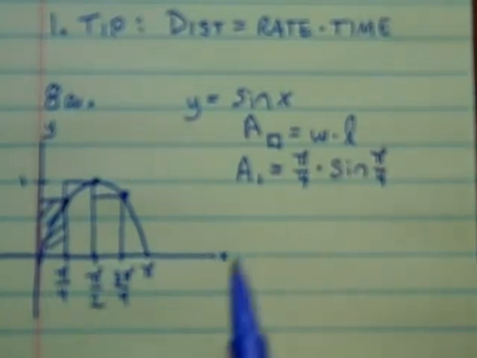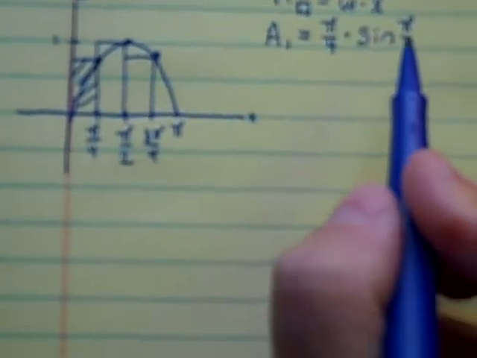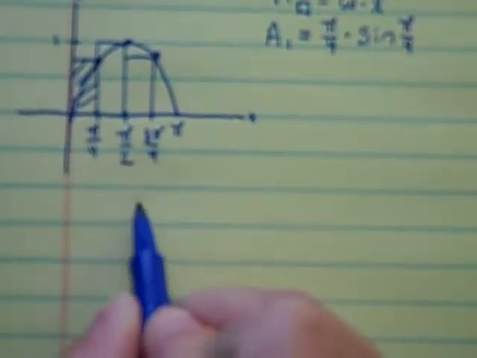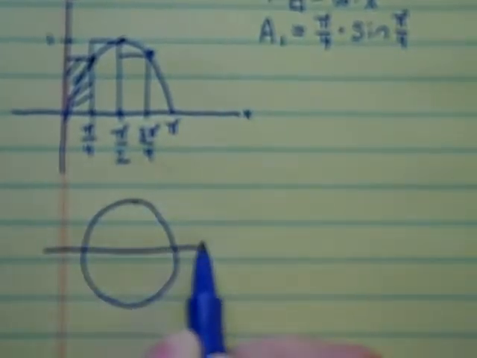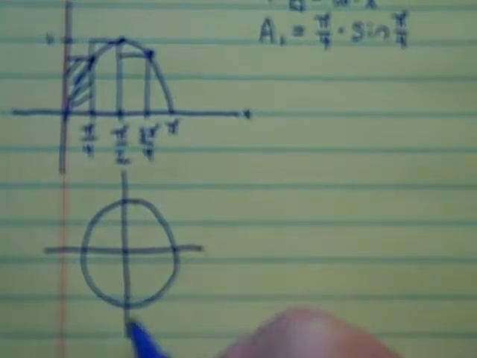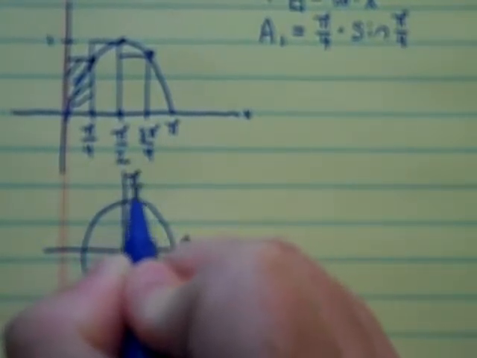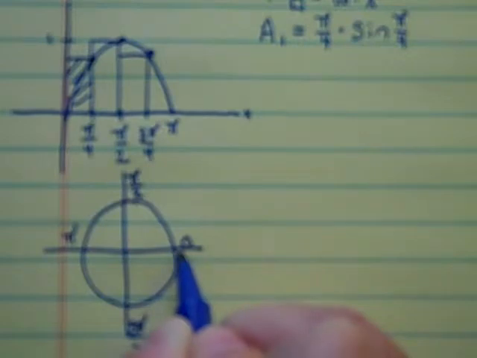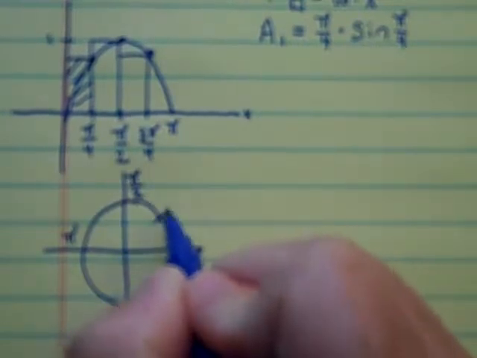Now, just a little reminder about what sine pi over 4 is. Hopefully you remember. But just in case, I'm going to sketch a unit circle. Okay, this starts at 0. This is pi halves, pi, 3 pi halves down here, and all the way around the circle is 2 pi. Now, pi over 4 is right here.